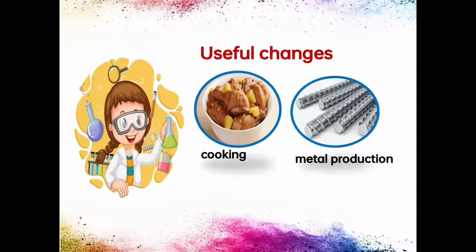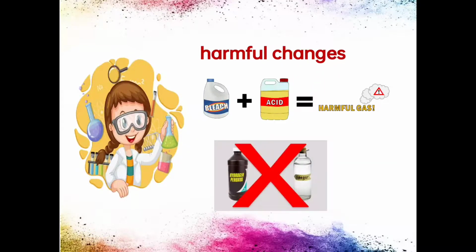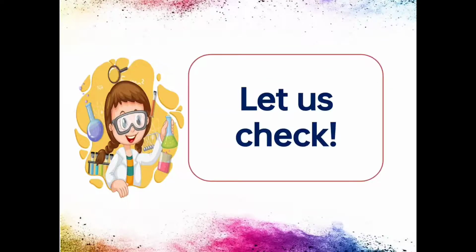When two or more metals are combined together, it is very important in metal production. But some are harmful, like when we combine bleach and acid, it creates a harmful gas. The same way as when we combine hydrogen peroxide and vinegar.